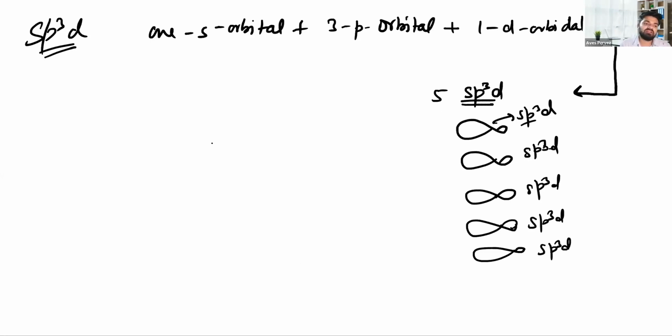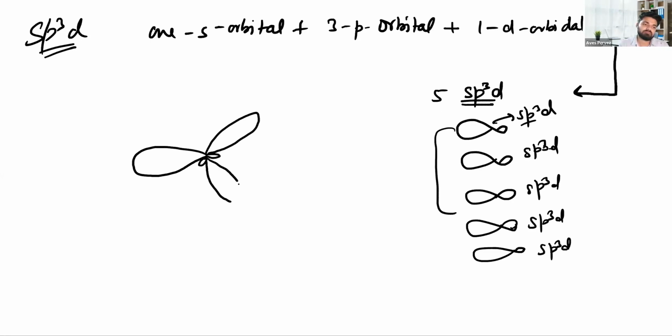And how will they be arranged? Three of them will lie in a plane, making an angle of 120 degrees between them.